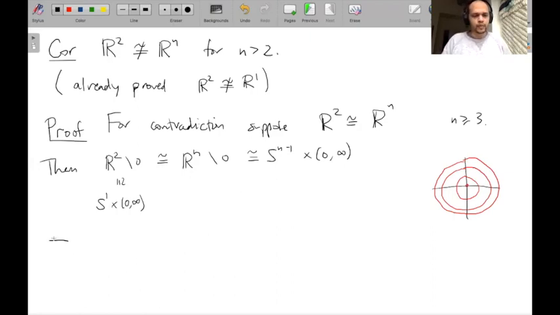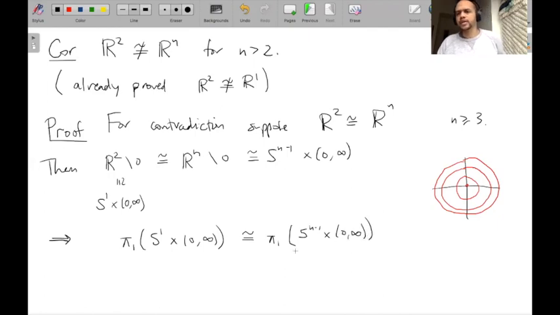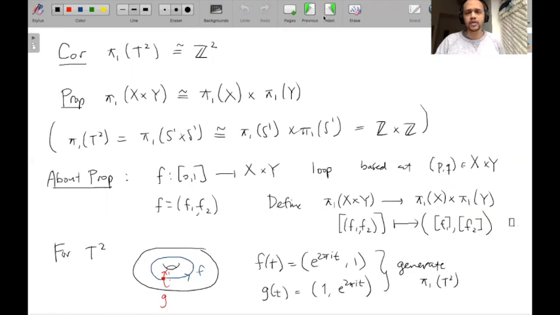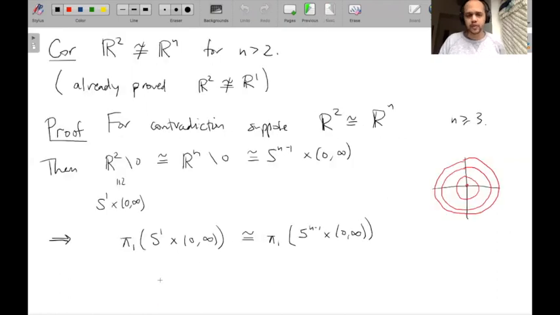So then, this means that the fundamental groups are isomorphic. We proved last time that the fundamental group is a topological invariant. And now remember this proposition, the fundamental group of a product, we just split it off.